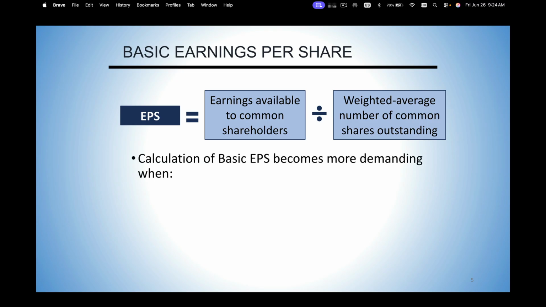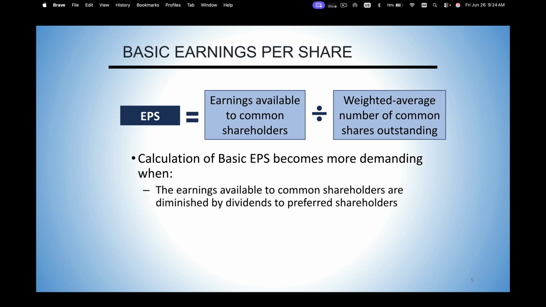It becomes a little bit more challenging under two conditions. Number one, if there are preferred dividends, remember that the preferred shareholders have priority in terms of access to dividends.